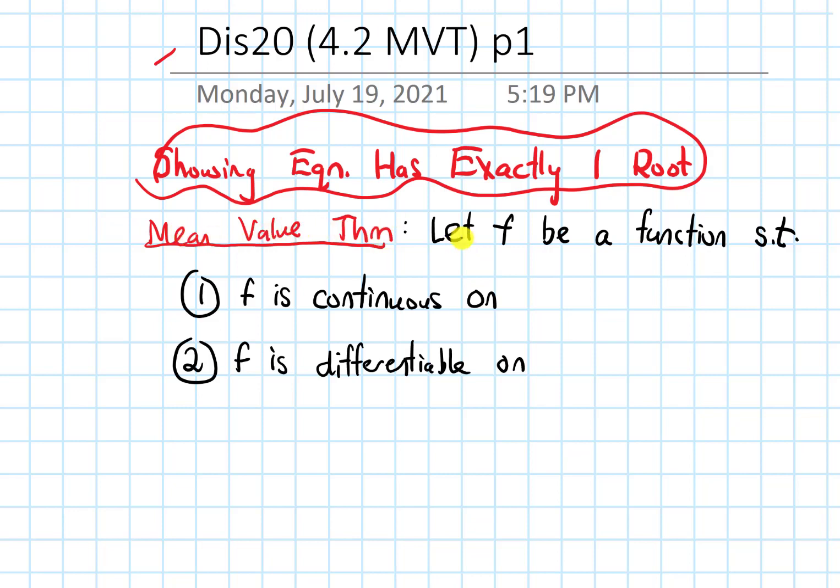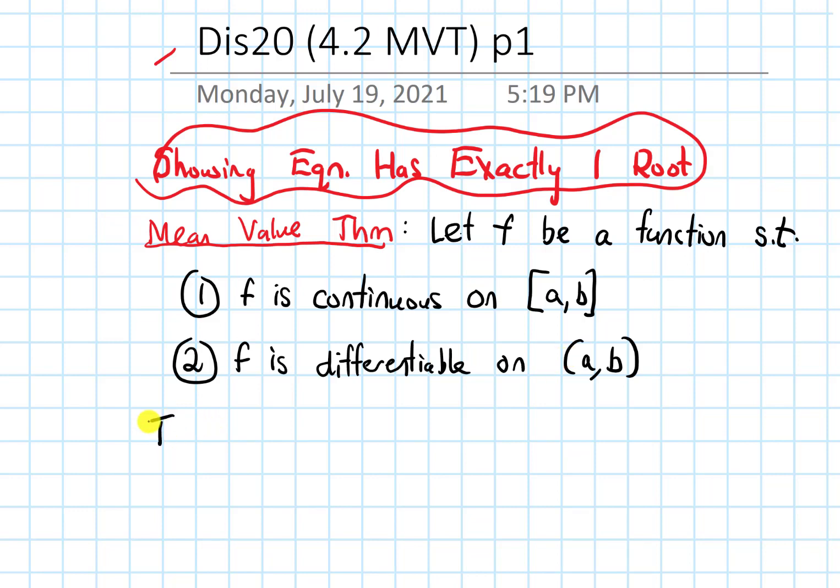This says that if we let f be a function such that, and there are two conditions. The first is f is continuous on the closed interval from a to b. And the second is f needs to be differentiable on the open interval from a to b. So no sharp corners, no cusps, no vertical tangent lines, that sort of thing.